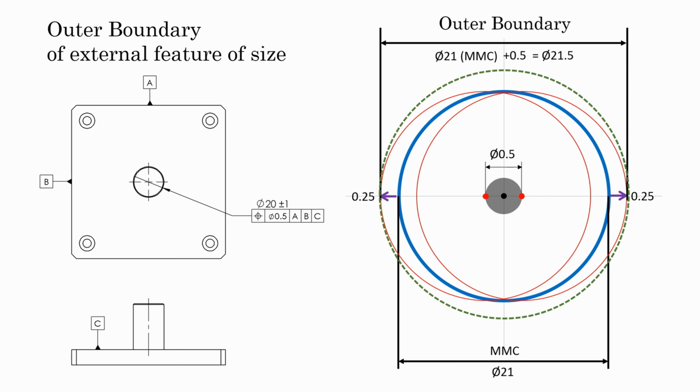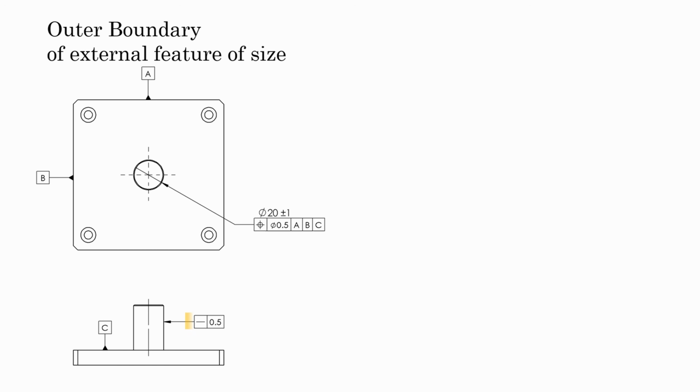Very simple geometry. Now let's add one more geometric tolerance to the pin to make the outer boundary calculation clearer. Let's apply a straightness tolerance to the pin surface. So you already know the answer. The outer boundary stays the same, 21.5 mm.